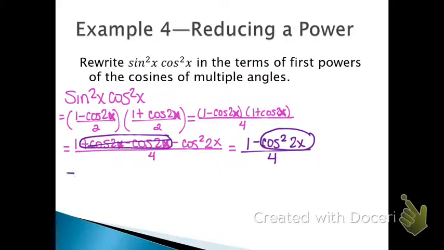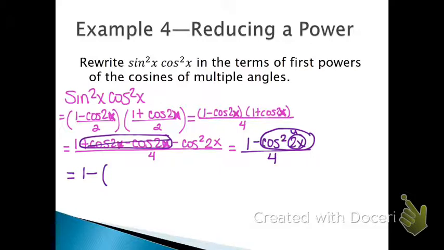So, we got 1 minus. And then the cosine. Now be careful because that's cosine squared of u, right? But this is my u right here, so we're going to plug in 2x.